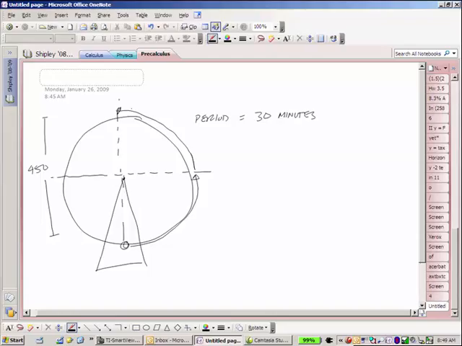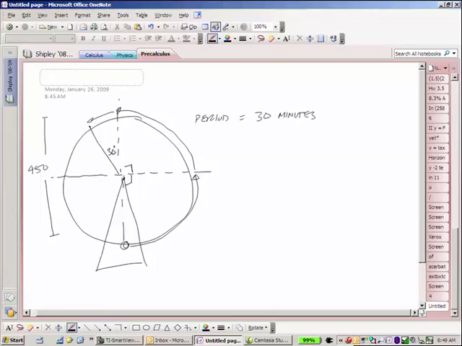Okay, listen to what Corinne just said. If we're going to go another 2.5 minutes, 2.5 minutes represents what? A third of that angle. So it looks to me like we went 90 degrees, 90 degrees, and then Corinne says 30 degrees.